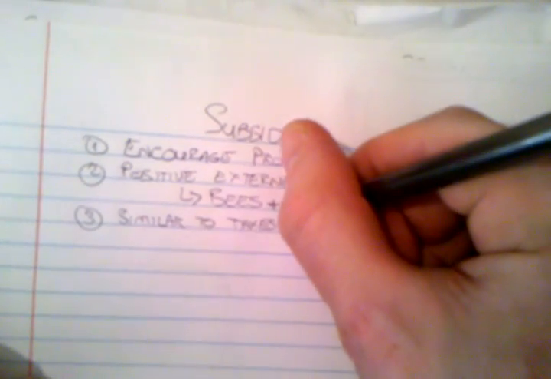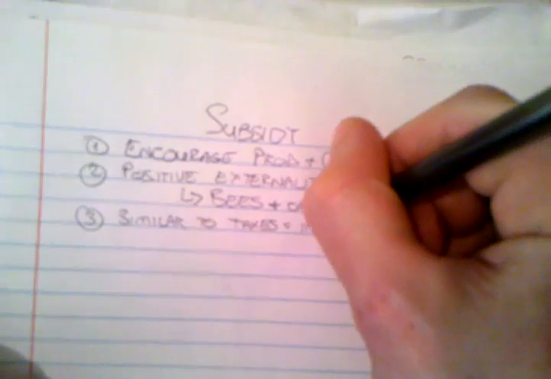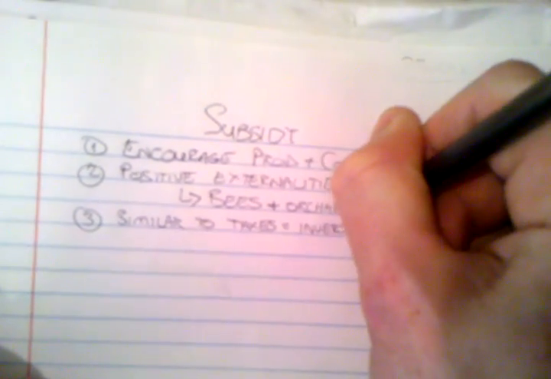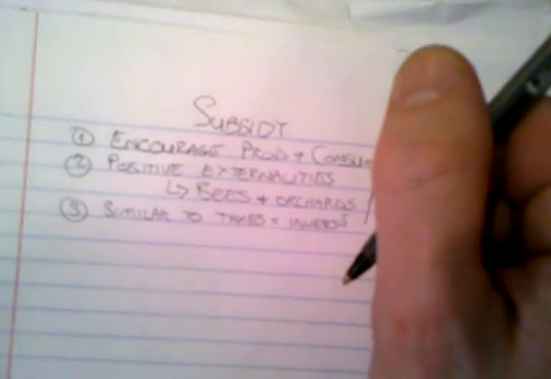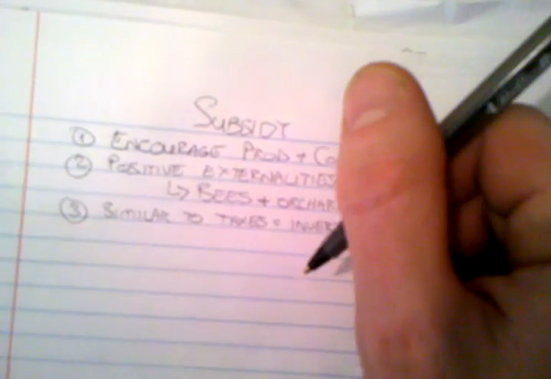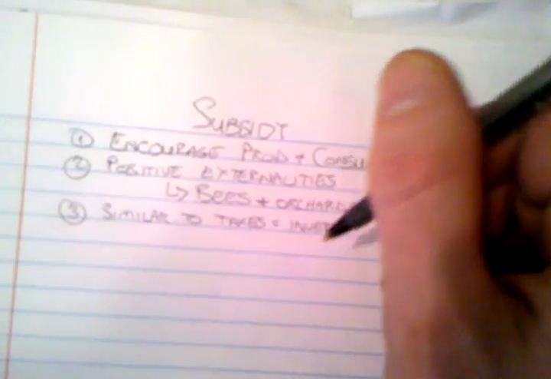And they are similar to taxes, except they are the inverse. With taxes the government is collecting money, and with subsidies the government is spending money.